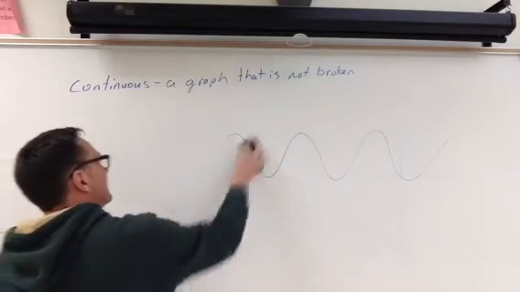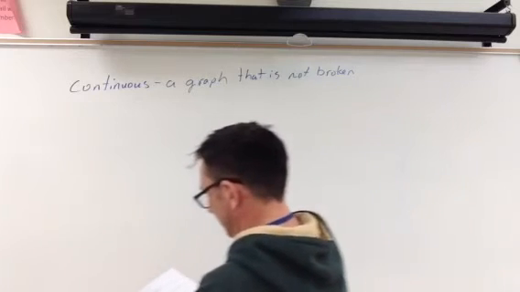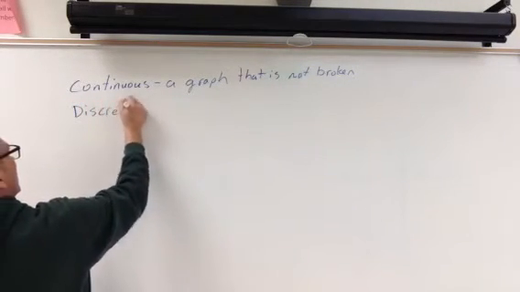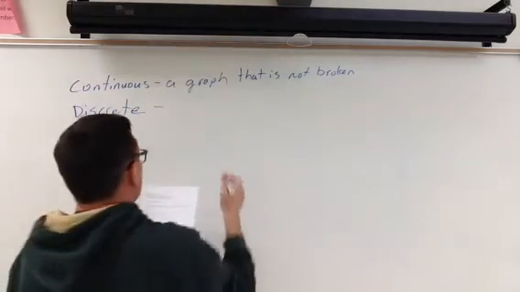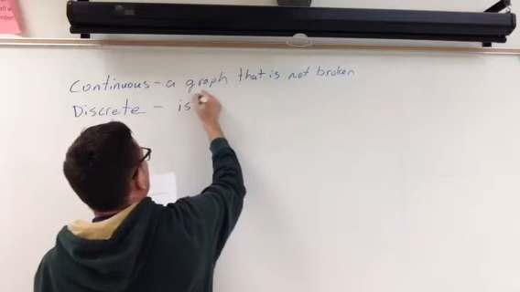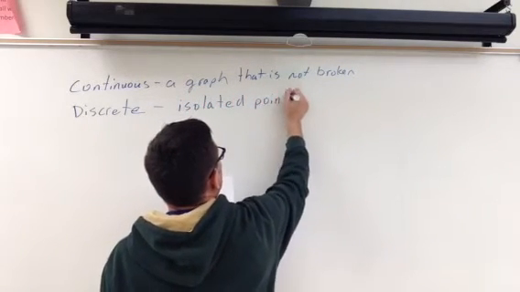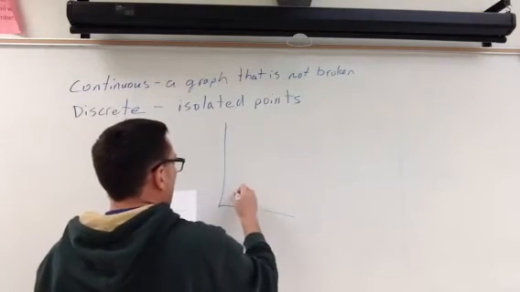Whereas something that is discrete has breaks in it. A discrete function is made up of isolated points. So a discrete function might look like this.